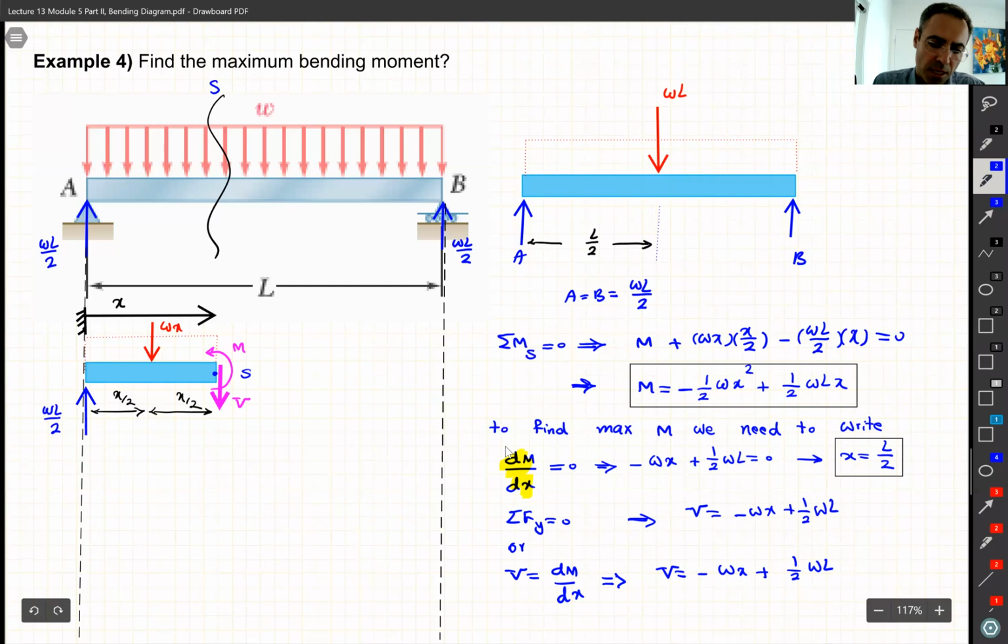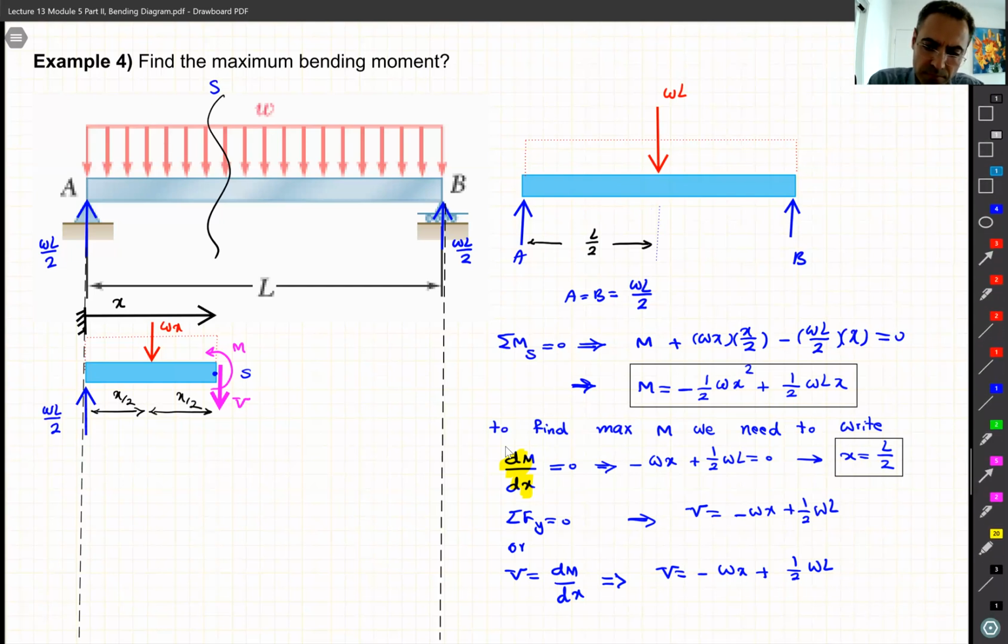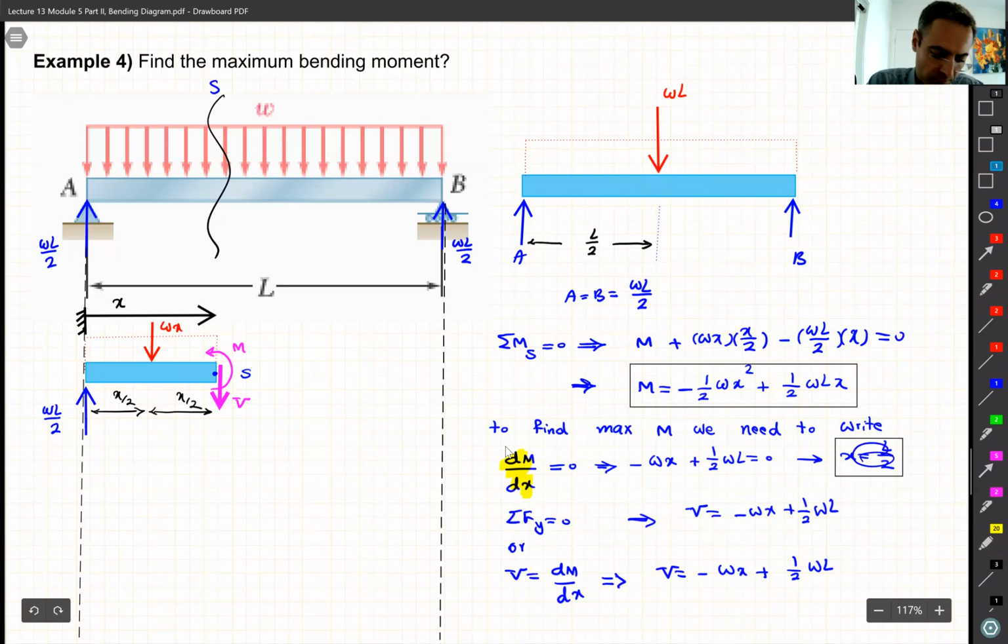All right. So in the middle we found M is maximum, right? So I put this X equal to L divided by 2 in this M equation to find M maximum.